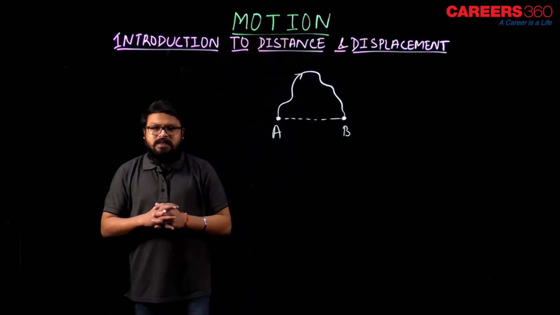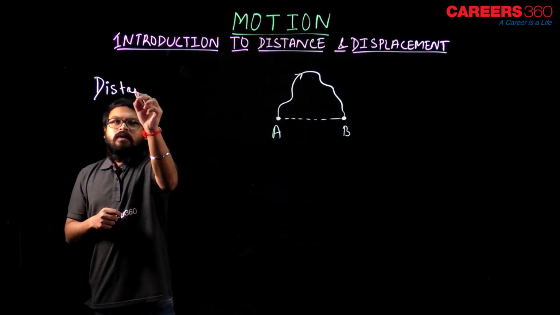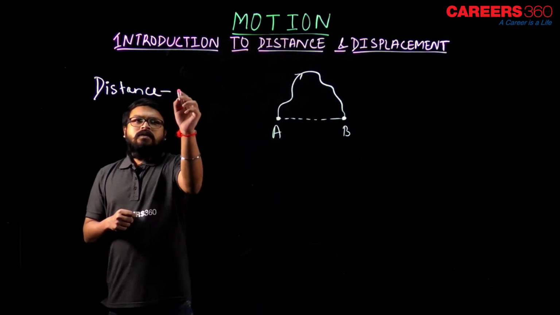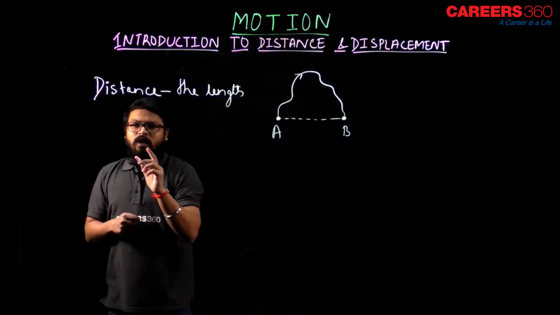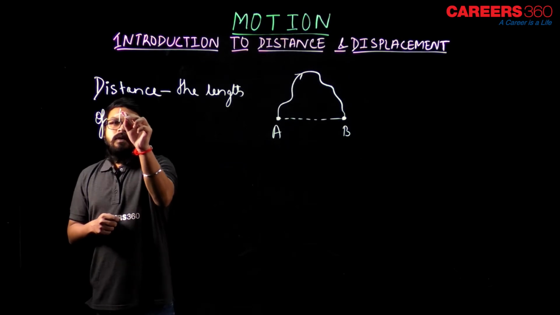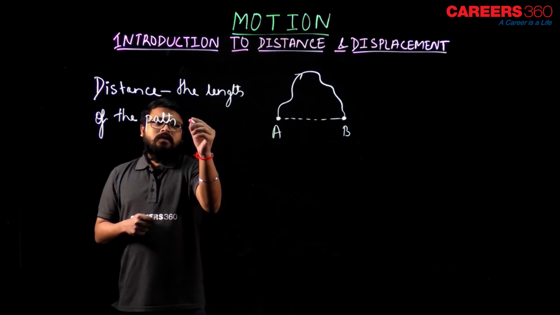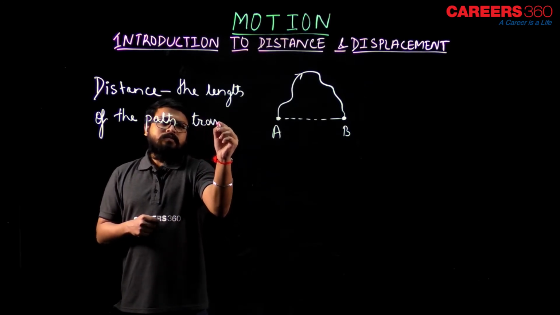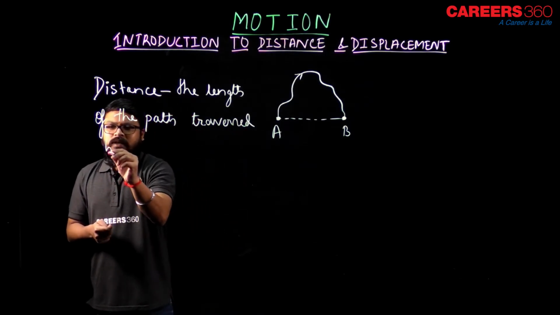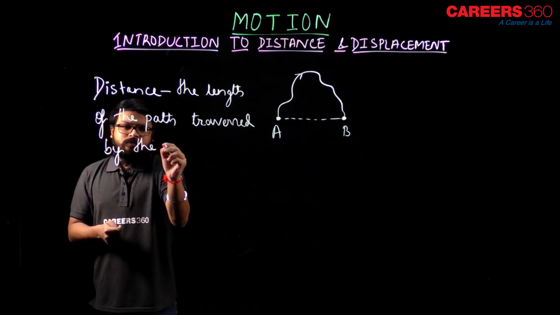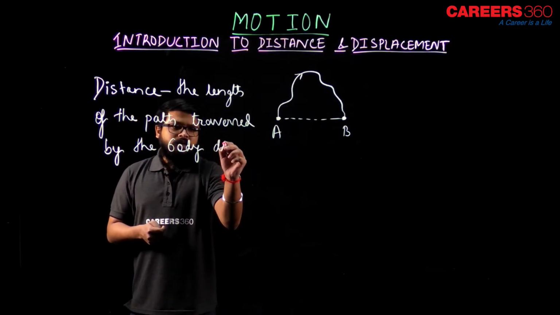So, let us define it. What is distance? Distance is the length of the path traversed by the body during the motion. Traversed means covered or travelled.